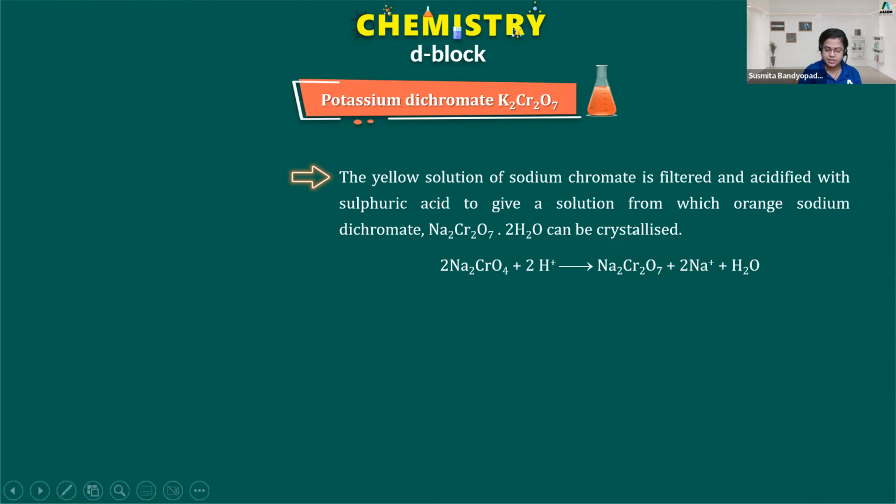It's not a redox reaction because both have plus 6 oxidation number. The yellow solution of sodium chromate is acidified with H2SO4 to give orange colored dichromate. So yellow to orange.